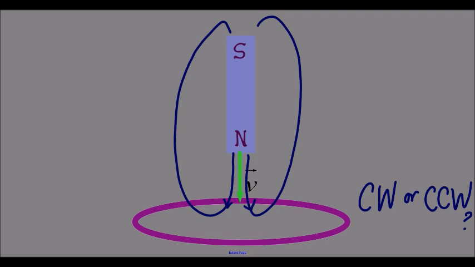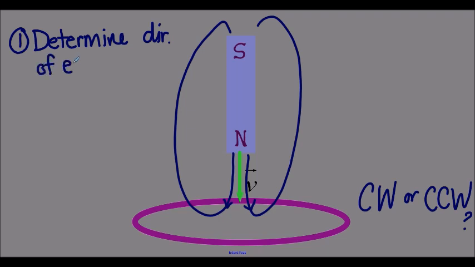So again, task number 1, determine the direction of the magnetic field. And we're going to call it external magnetic field. How is that magnetic field changing?